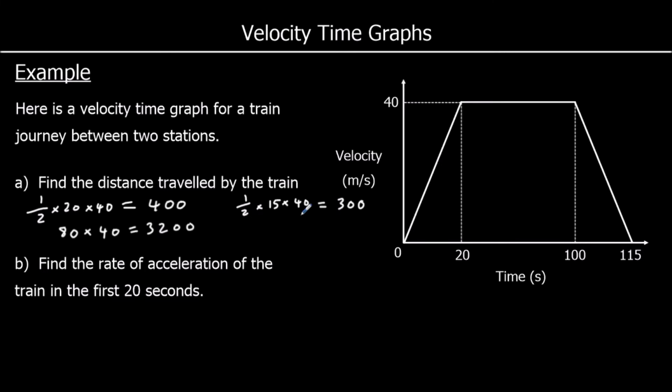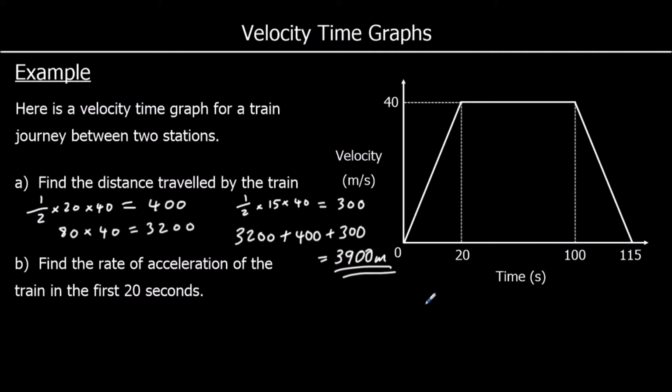So the total distance is 400 meters plus 3,200 meters plus 300 meters. So what do we have in total? That's 3,900 meters. We know it's in meters because our velocity was in meters per second.